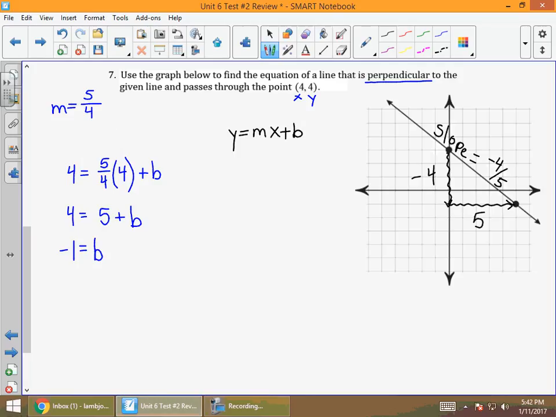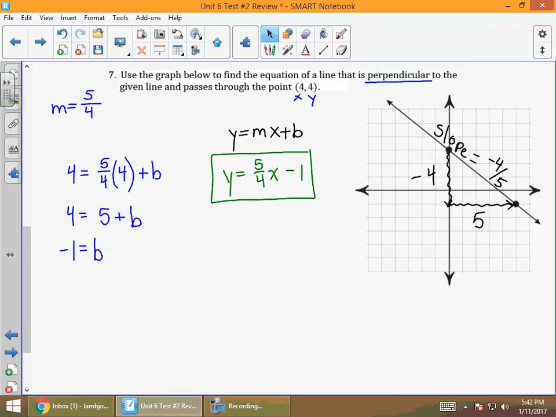So my equation, y equals mx plus b. This is y equals the m value, 5 over 4, x plus the b value, which is -1. So y equals 5 over 4 x minus 1. That's it for page 2.